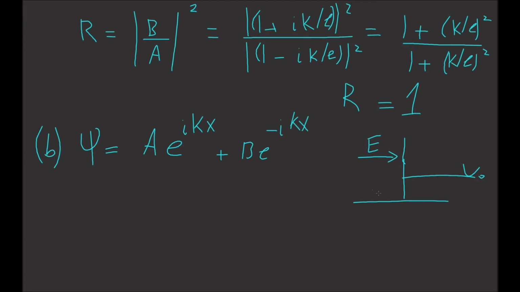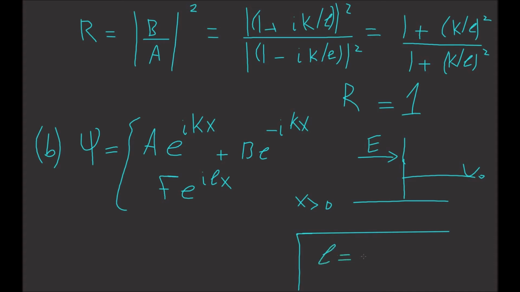This is for the left region, and we have F times e to the i L x for the right region, so this is x greater than 0. Here we have K the same, and L is equal to the square root of 2m times E minus V naught over h bar. This has to be positive, because E is greater than V naught.